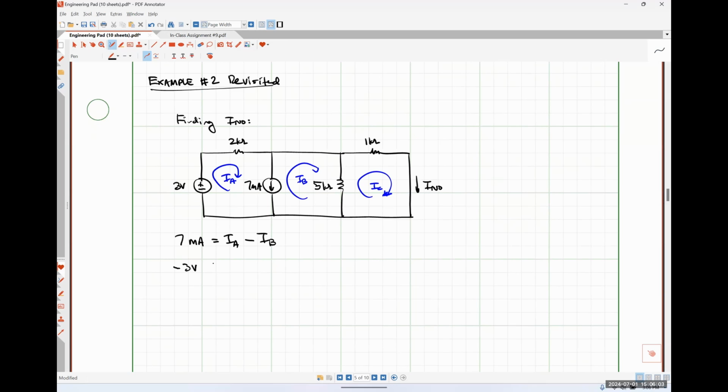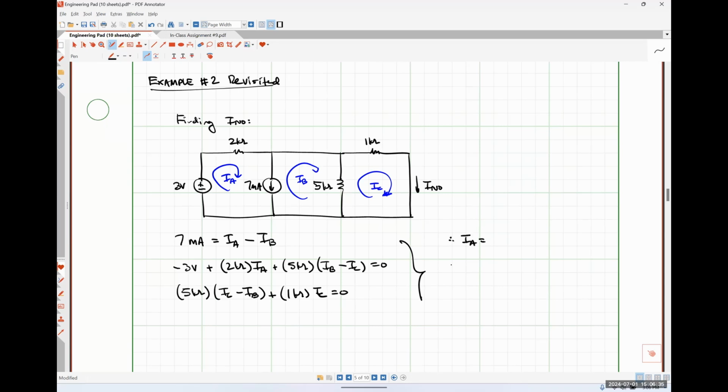So that's going to look like negative 3 volts plus 2 kilo ohms IA plus 5 kilo ohms times (IB minus IC) is equal to 0. And then we'll have 5 kilo ohms times (IC minus IB) plus 1 kilo ohm IC is equal to 0. And we'll solve this system for IA, IB, and IC.